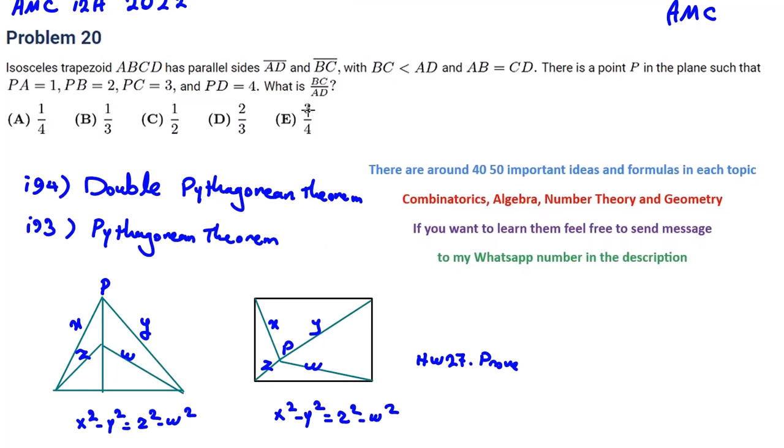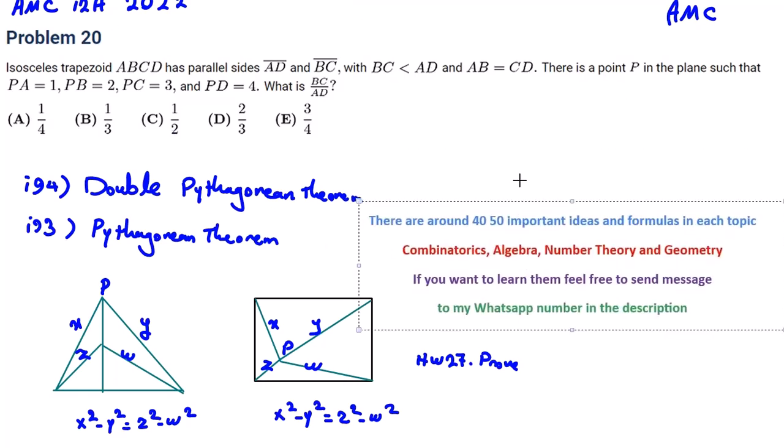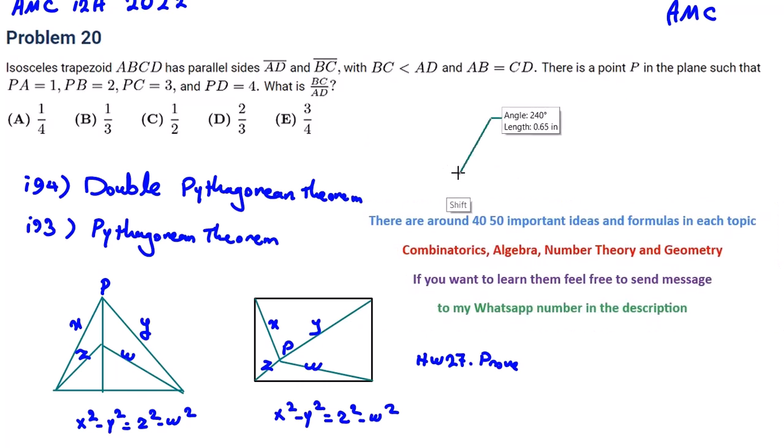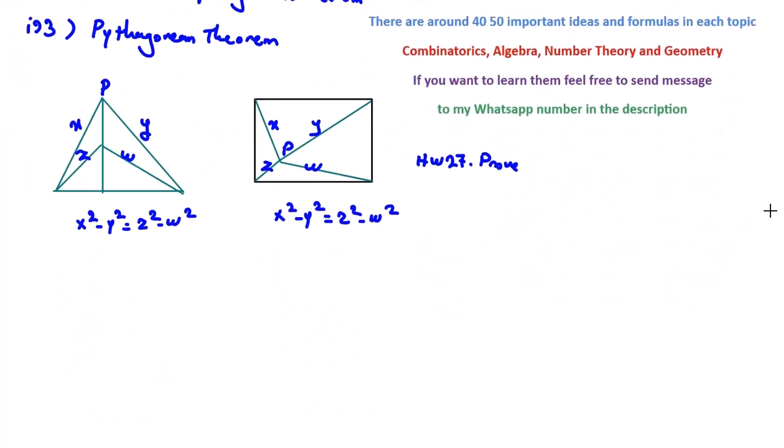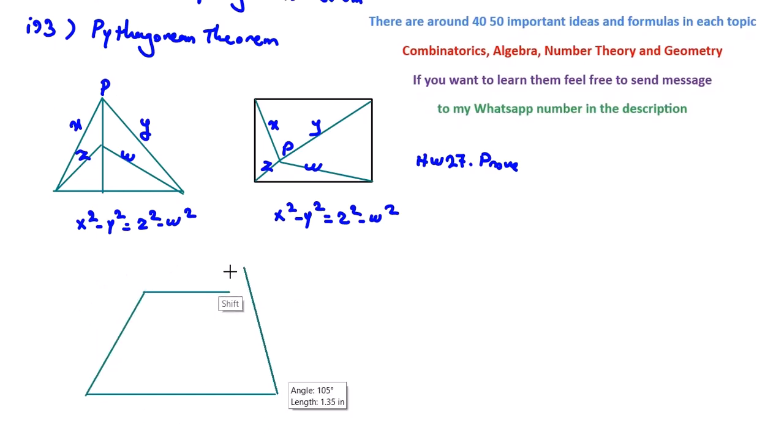Okay, let's draw the figure. Here we have this part, this part, this part, this one. Let me draw a greater figure, here, for example, like this. And it is an isosceles trapezoid, 1, 2, 1, 2.